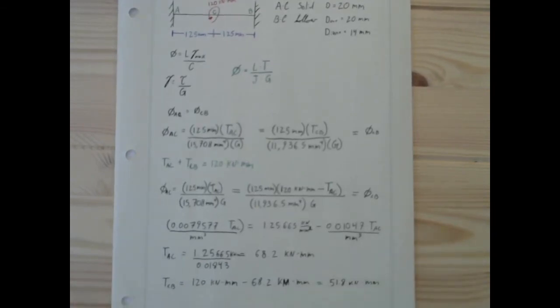Do note, of course, that the direction of these torques will be the opposite. The internal torsion will be opposite from A to C as it will be from C to B, but it's math-wise much easier to do this like this.